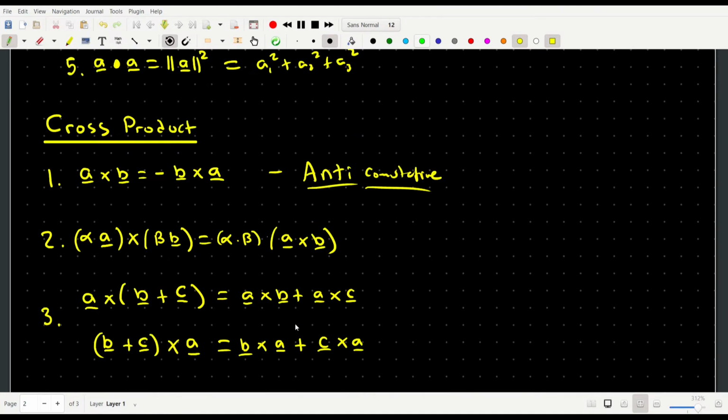And the last one for the algebraic properties is that A cross (B plus C) will always be A cross B plus A cross C, and vice versa. (B plus C) cross A will always be B cross A plus C cross A. This is sometimes called left distributivity. And then right distributivity.